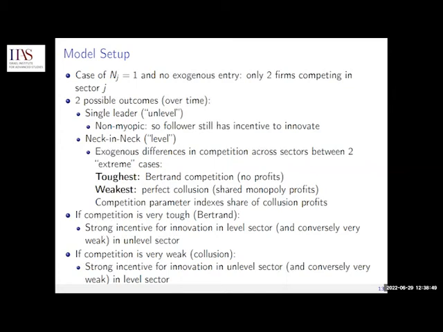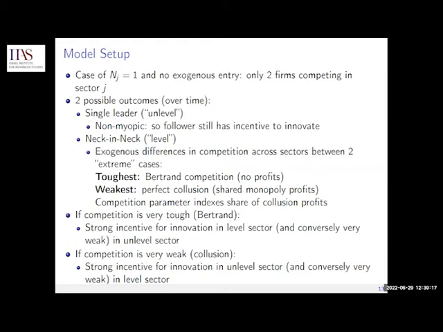The way that I was presenting it is only the tough competition case, right? Where basically you earn no profits if you're neck and neck. In the inverted U paper, they add other sectors. There, sectors are exogenously one or the other: perfect competition or perfect collusion. So in that case, you have two firms that are neck and neck, and they're just sharing the monopoly profits.